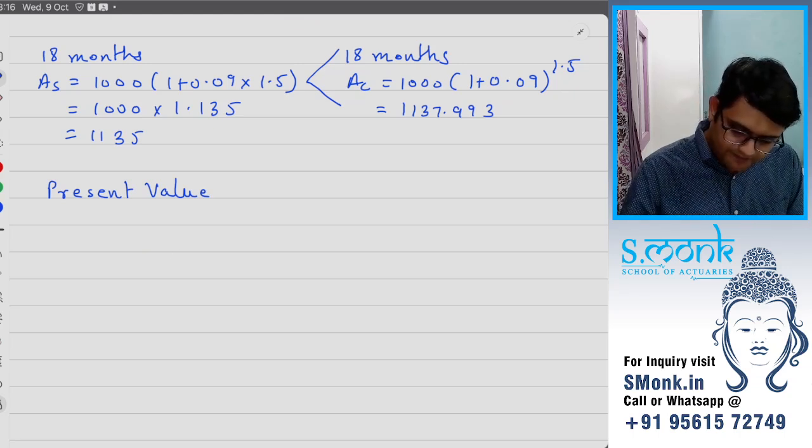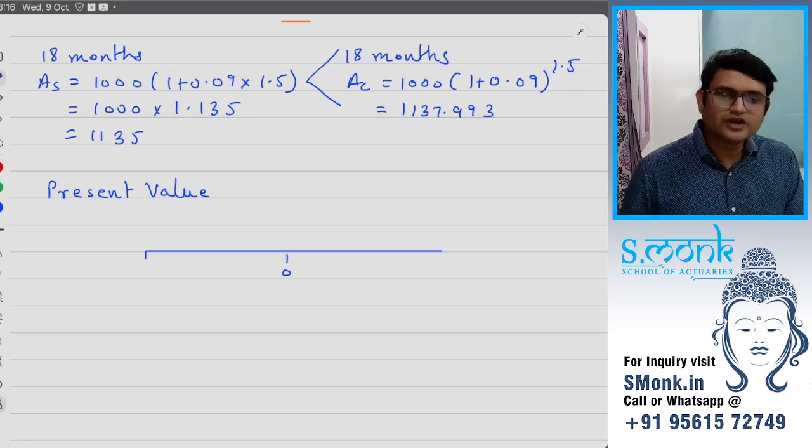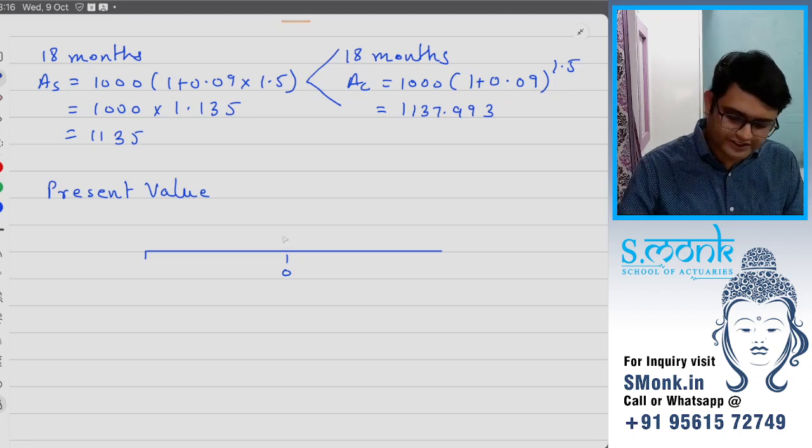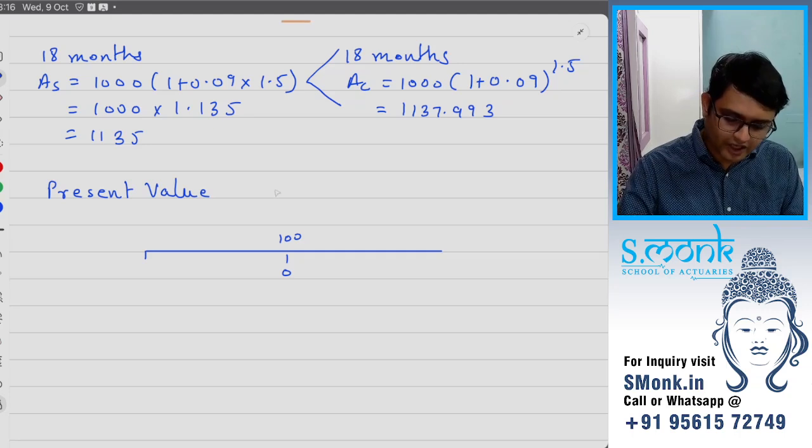Now let's say that today you got a salary. Let's say you got a salary of 100 rupees today. Now you put that money in your bank account that is paying compound interest at a rate of I%.